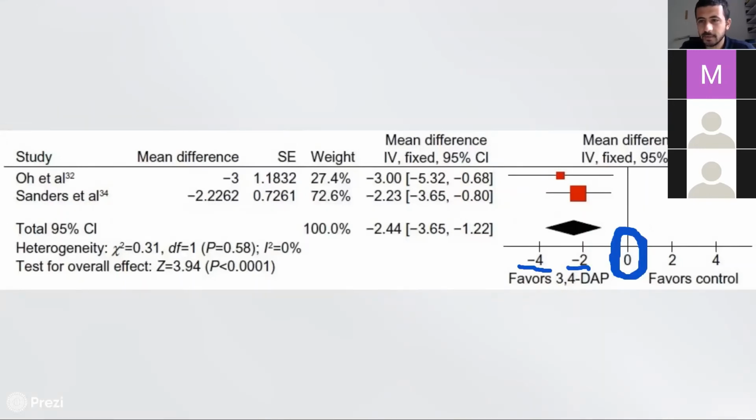Okay, more hints. Is this factor proven to be preventive, so being 0 is not enough for us? No. Look at the second hint. It's a different scale.